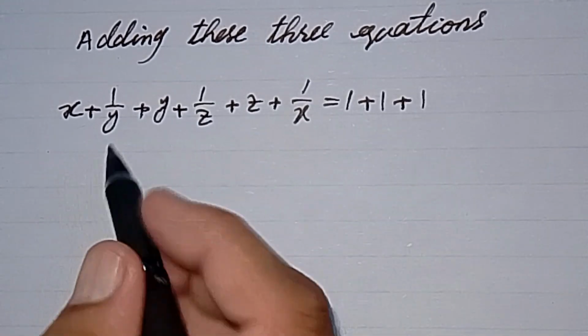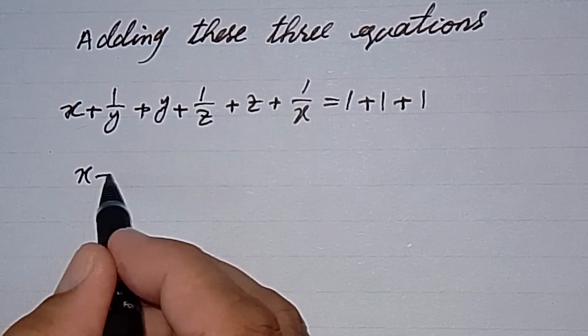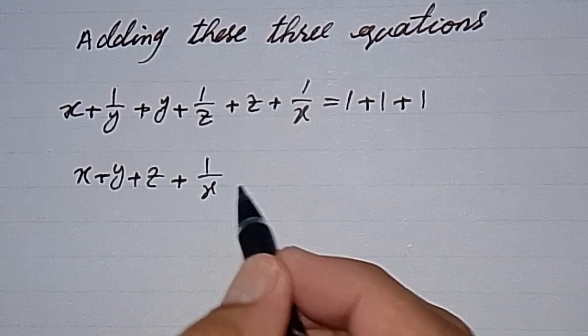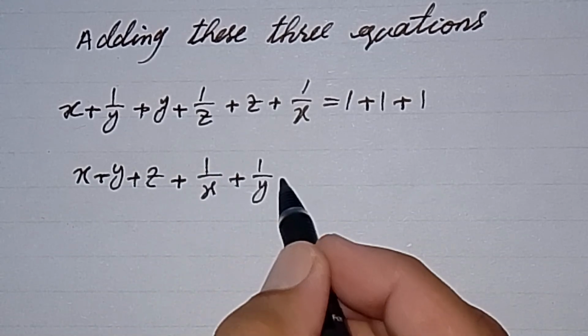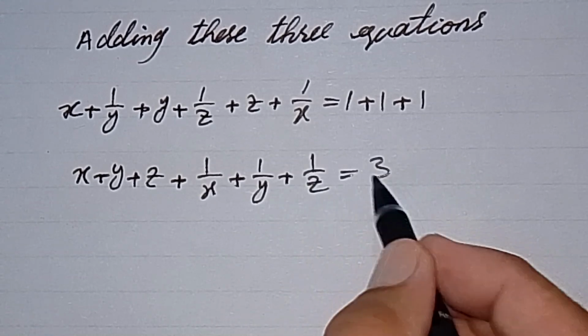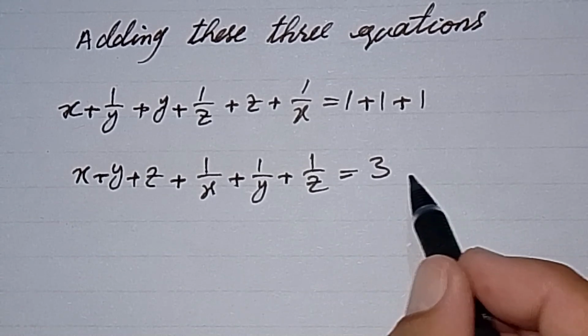Now rearranging, x plus y plus z plus 1 over x plus 1 over y plus 1 over z is equal to 3. This is our first equation.